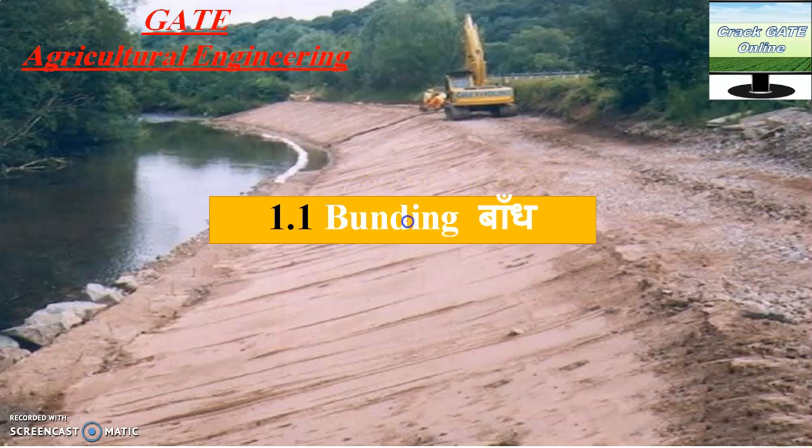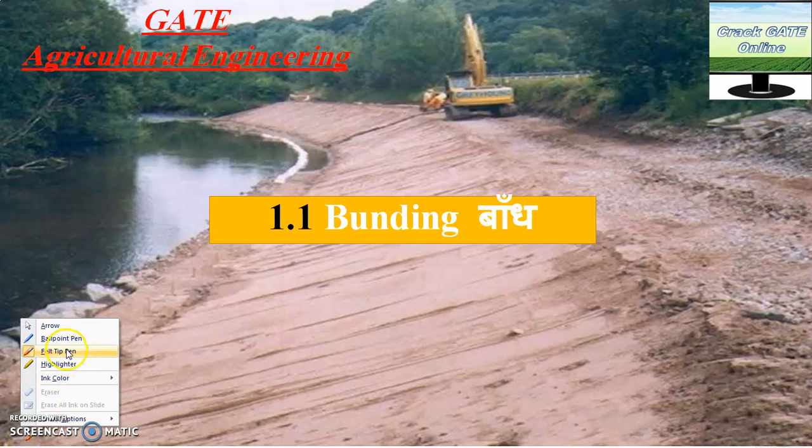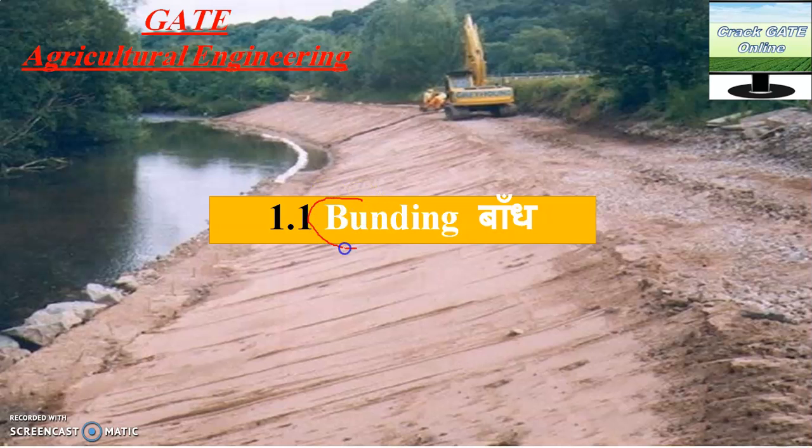Once you hear this name, what do you feel, what is the bund? A bund is nothing but an embankment type structure. Here in this picture also you see an embankment. When you write the spelling of embankment and split it, you get the word bank.